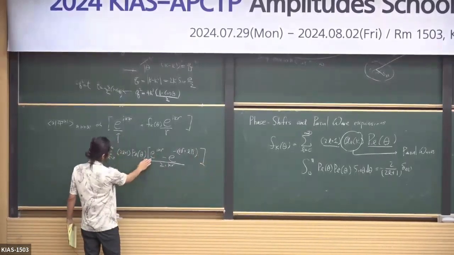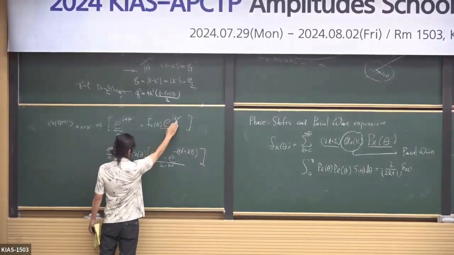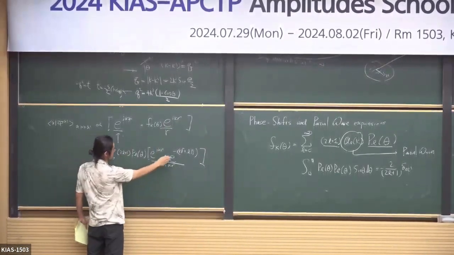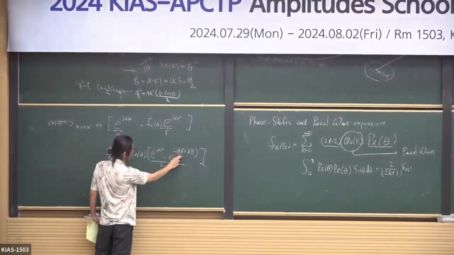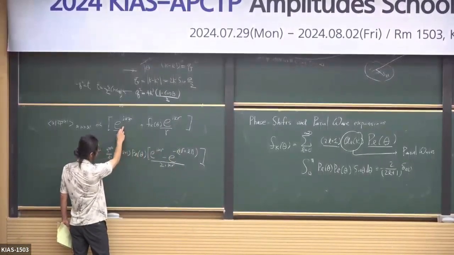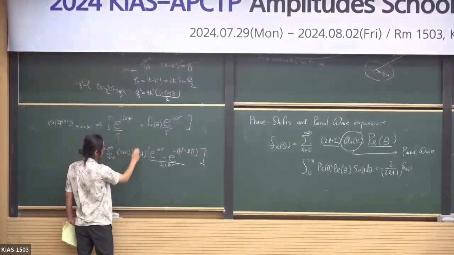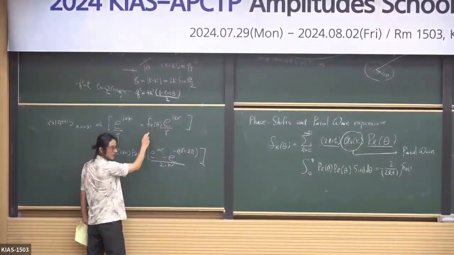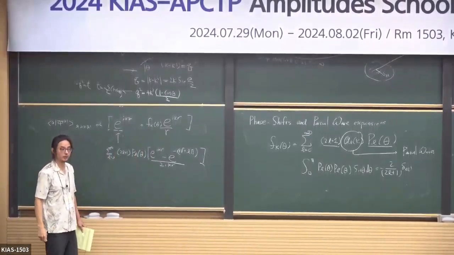So this part has an exponential ikr. You see that the minus ikr part is just the original plane wave part scattering through. But the plus ikr part is going to contain the original plane wave plus the scattering amplitude.